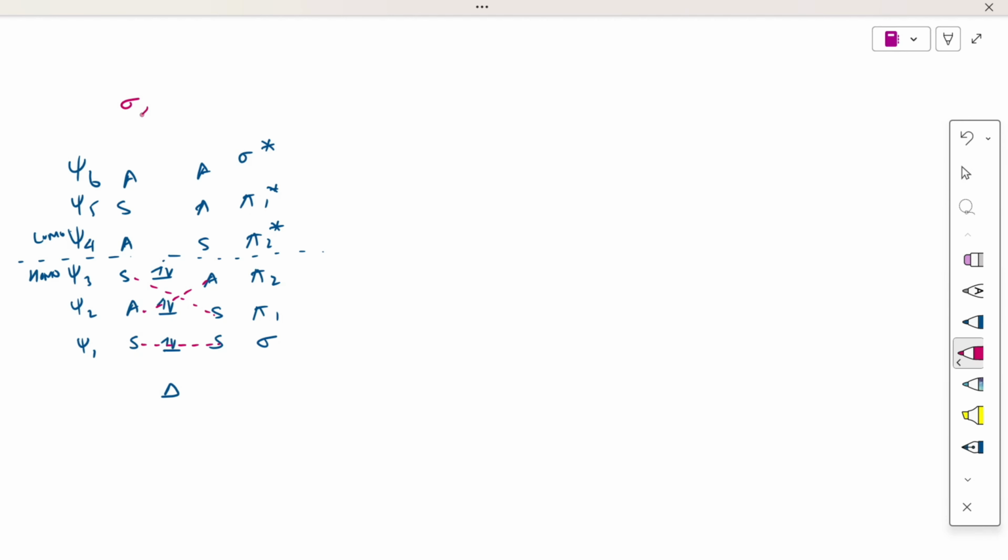For the disrotatory mode, the ground state bonding orbitals of the cyclohexadiene are matching with the ground state bonding orbitals of the hexatriene. So in the ground state everything matches, there is no crossover.